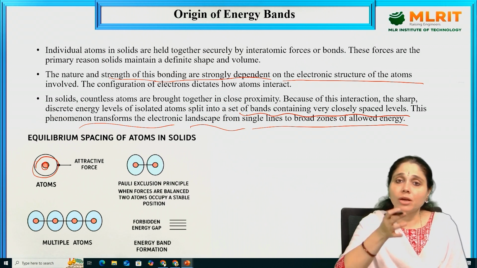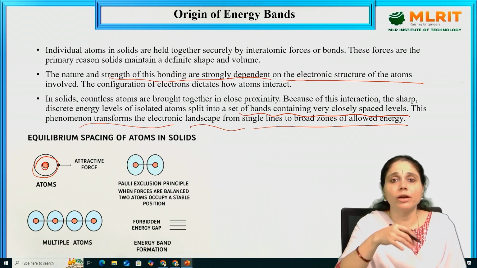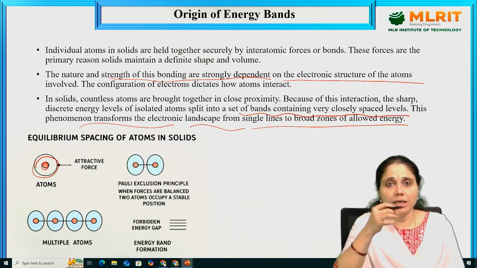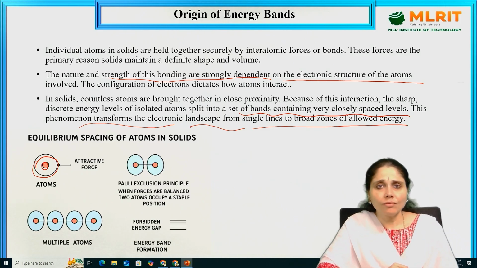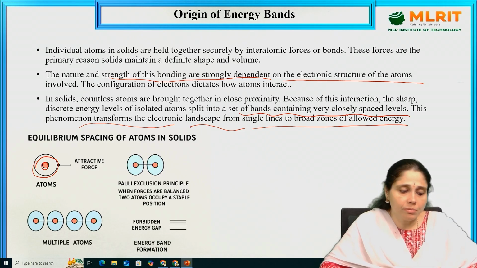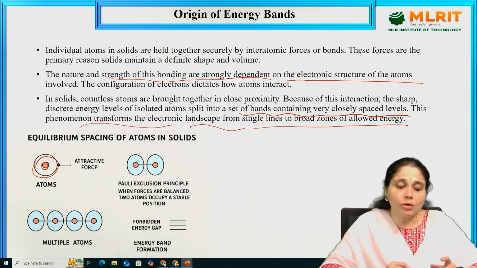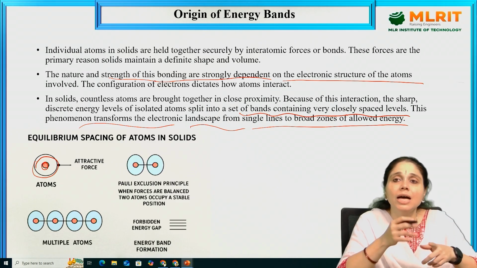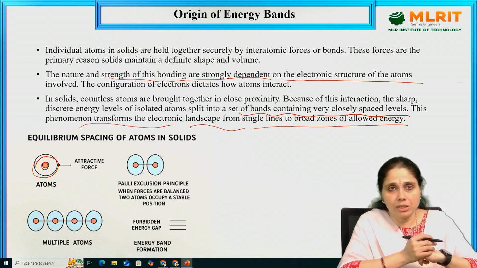Electrons are set in different orbitals according to Pauli's exclusion principle. This is what we have already learned. According to the Pauli's exclusion principle, when forces are balanced, two atoms occupy the stable position, and no two electrons have the same quantum state.